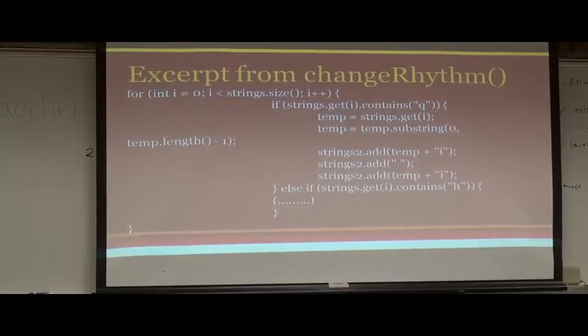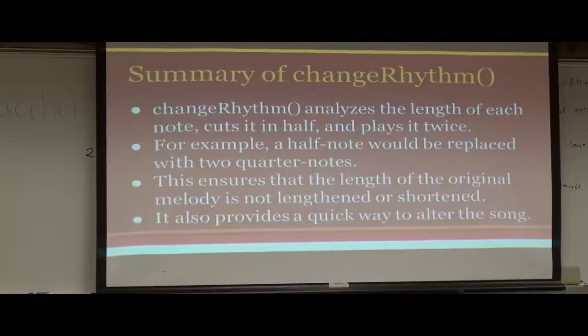This is converting quarter notes to eighth notes. We use substring to get the note, from the beginning to the second to last character, so it cuts off the note duration. Then at the end of the note, we add the length that we want, and we repeat it for all the different durations that it includes.